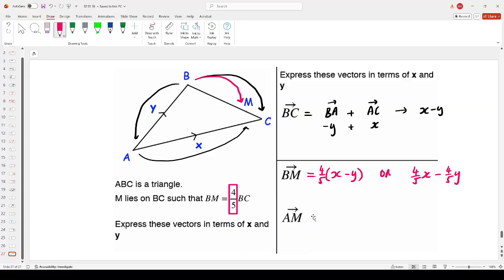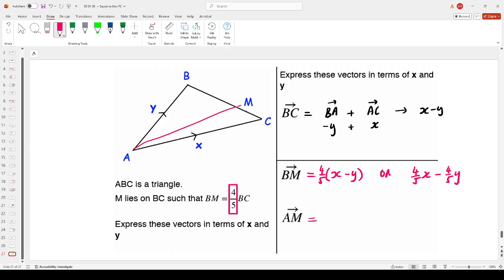Find A to M. I'm going to let you guys do this one. So A to M, what's that? Let's get a new root going.